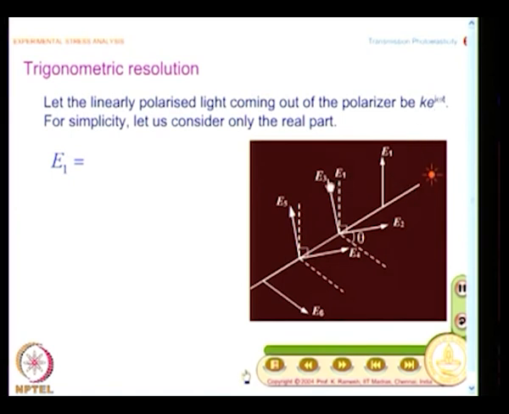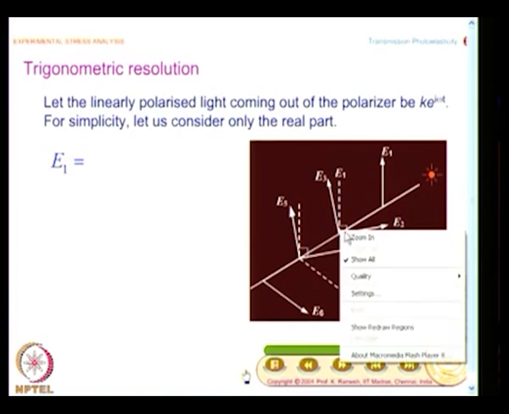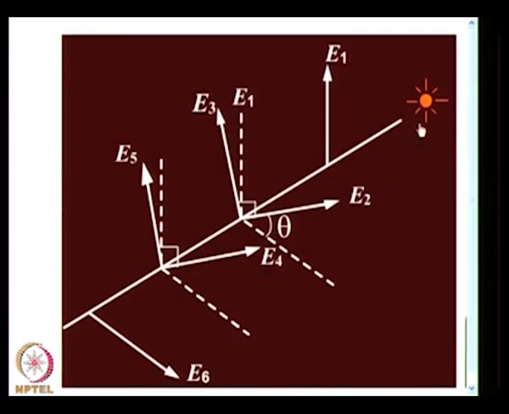And let us look at how we can label the axes when the light passes through the model, and we will also have a larger picture of it. So, I have a light source, and the first optical element is the polarizer, which is labeled as E1. Then you have the model, shown enlarged here. This is the point where light enters the model, and this is the point where light exits the model.